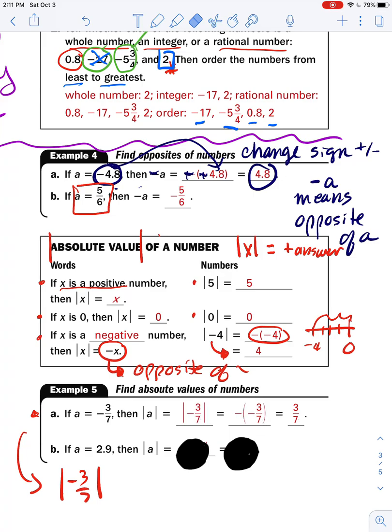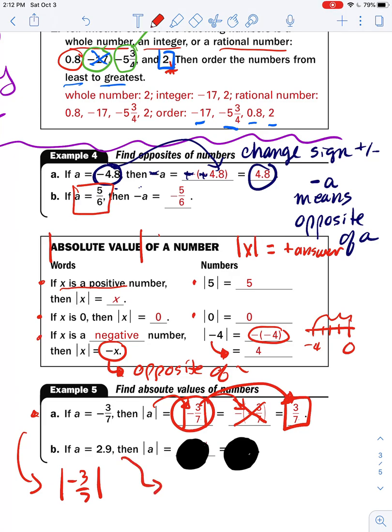These other parts are just showing you how to write it out, but if this is actually confusing you more, you don't have to write each step along the way. This is saying, okay, this is the absolute value of -3/7, which means to take the opposite of it. I think this step sometimes is confusing, and you're better off just remembering that this is asking you how far is -3/7 from 0, and then you can go right to your answer.